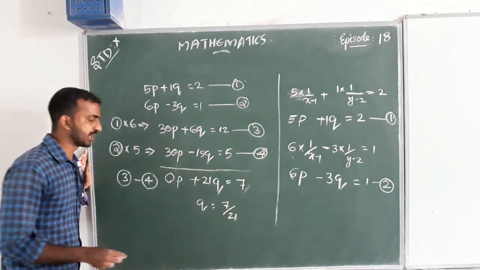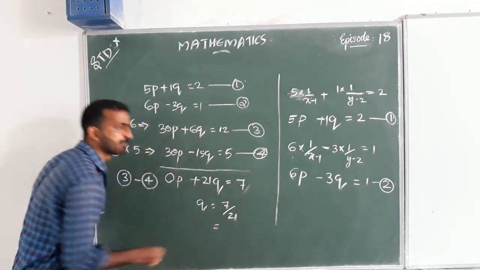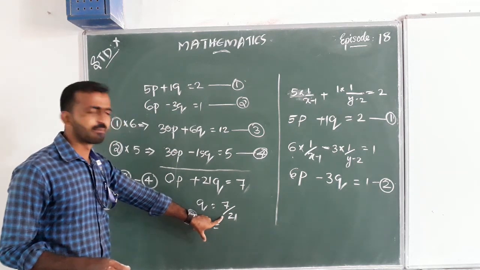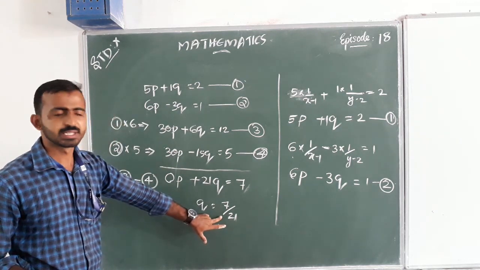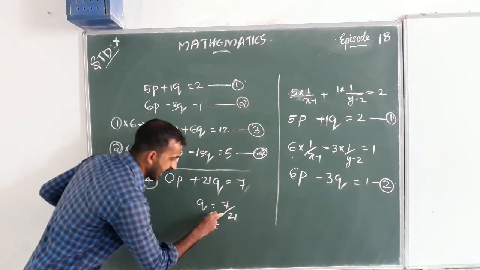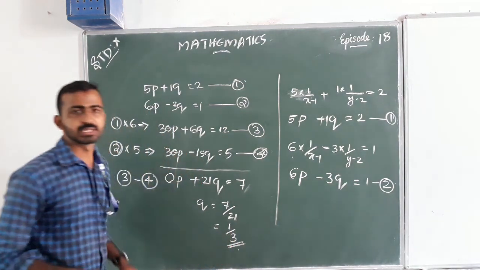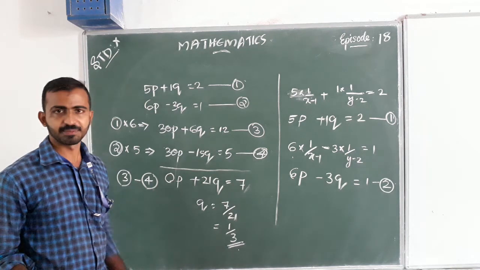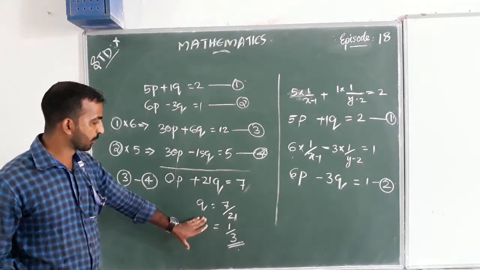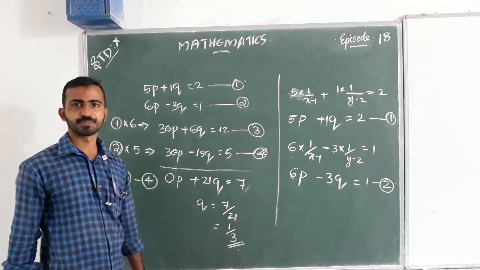When we simplify this fraction, we get 1 by 3. That is, q is 1 by 3.